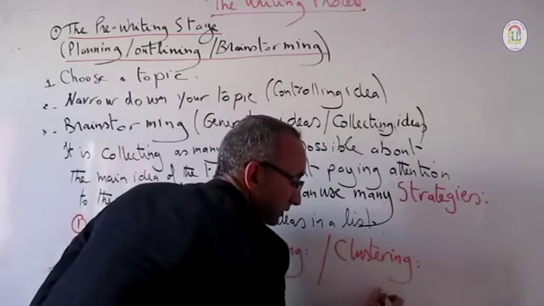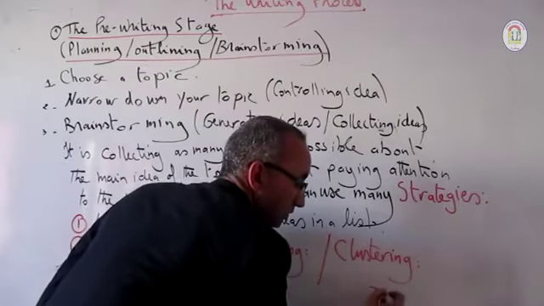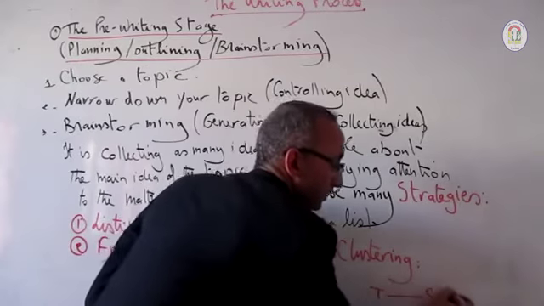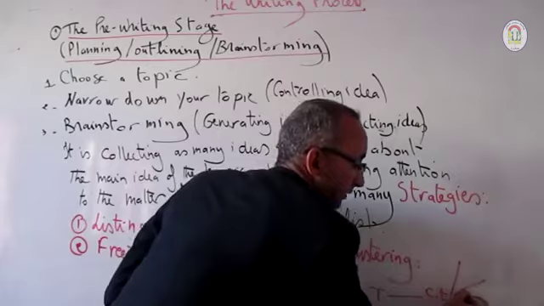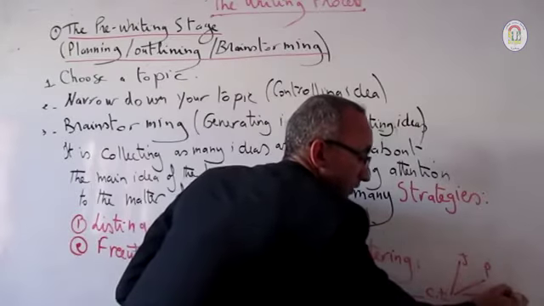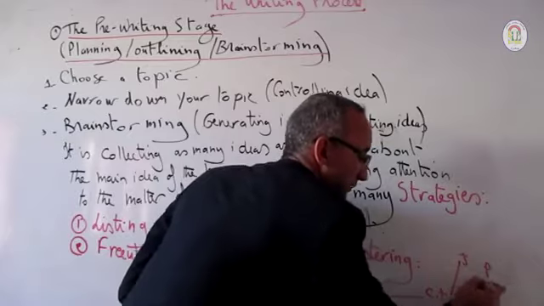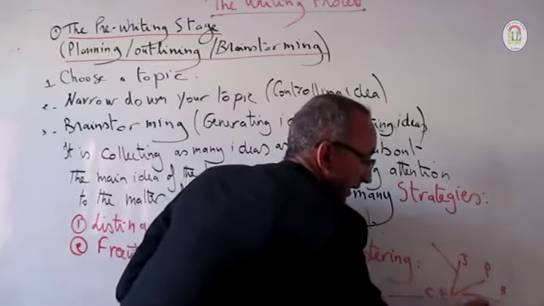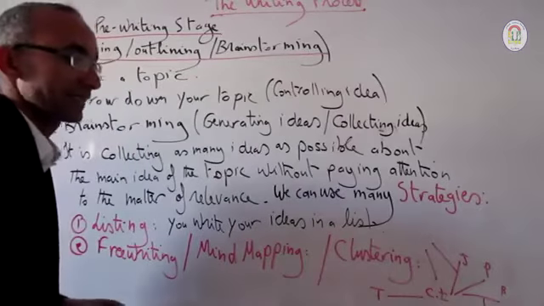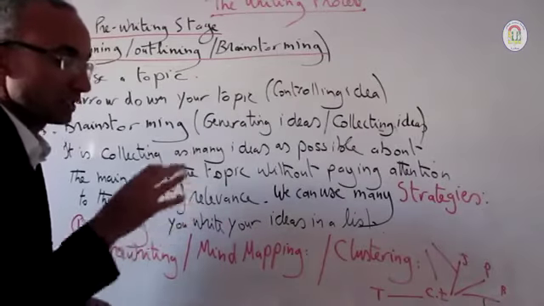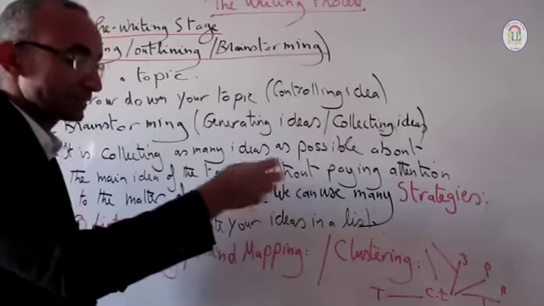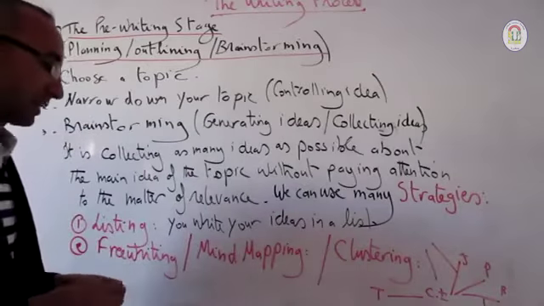Example topic is here. Concept idea is here. Then, first line, second line, third line for new idea: joblessness, parental absence, bad company, and like this, another idea, then like this, always. Clear. This is what we call clustering, as if you are getting branches out of the main topic and its main idea.